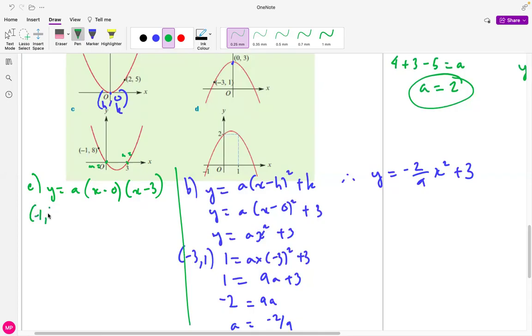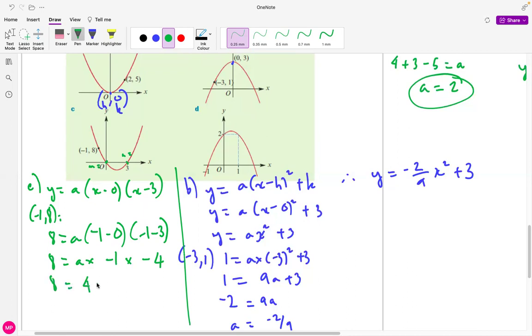So I have -1 and 8. So sub in x and y. 8 equals a times -1 minus 0, times -1 minus 3. So 8 equals a times -1 times -4. -1 times -4 is +4.